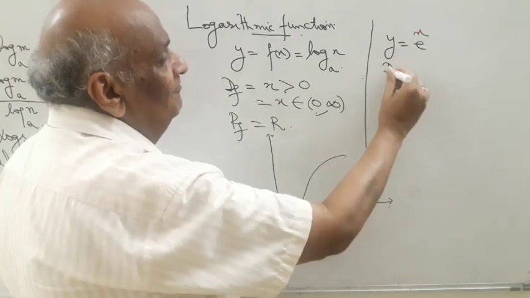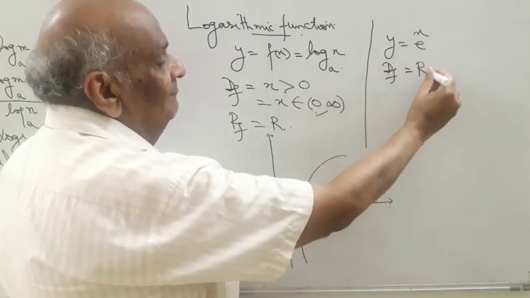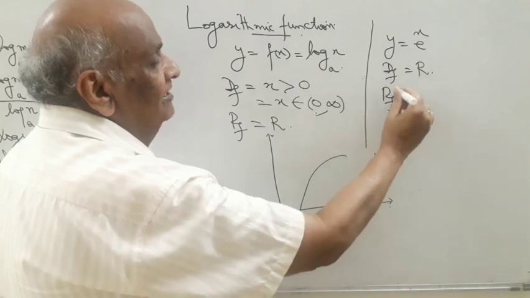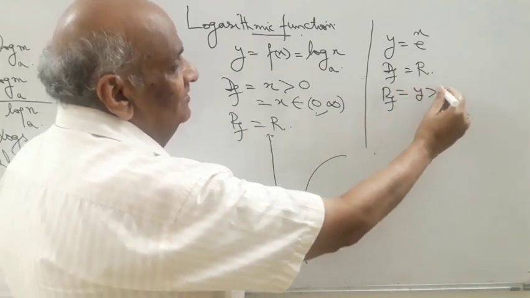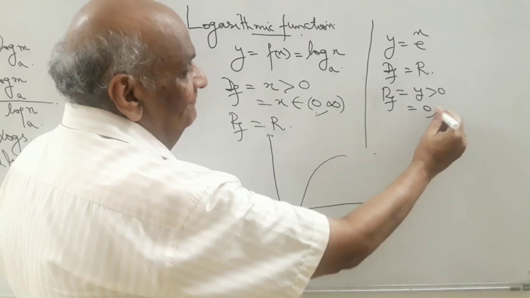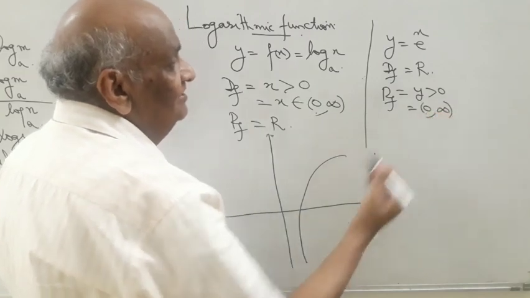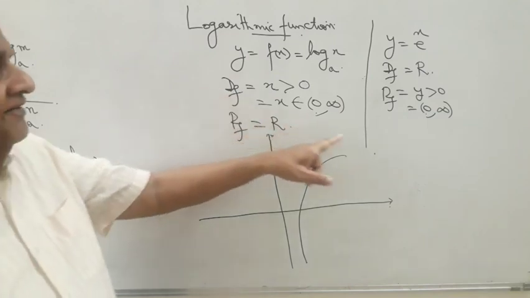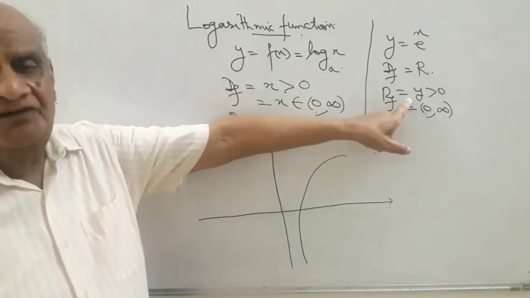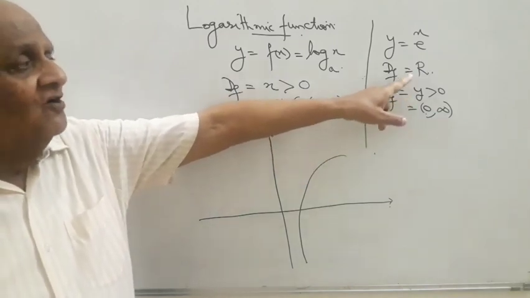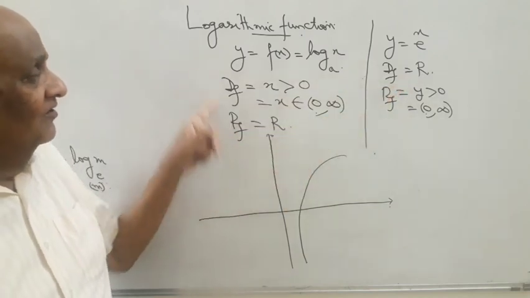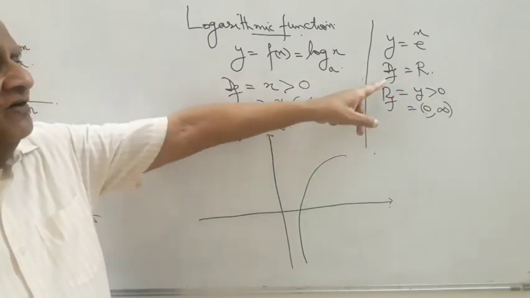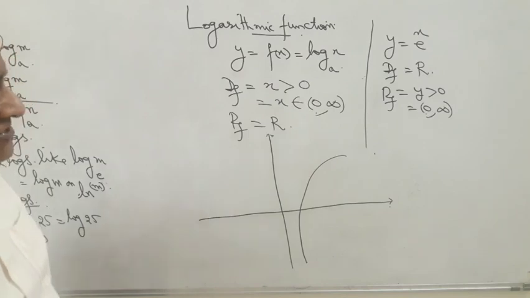Here the domain of the function is all real, whereas the range of the function is y greater than 0, that is 0 to infinity. So you must have seen that the domain of the logarithmic function is the range of the exponential function, and the range of the logarithmic function is the domain of the exponential function.